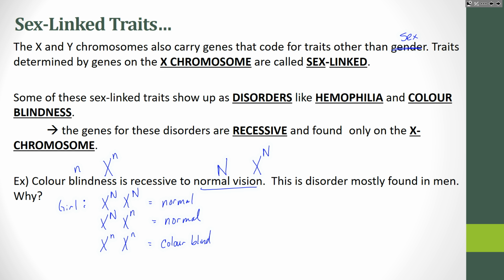But if we're talking about a boy, boys are XY. So a boy would have X big N Y, and that would be normal vision. But a boy could also get X with a little n and Y, and this boy would have color blindness.